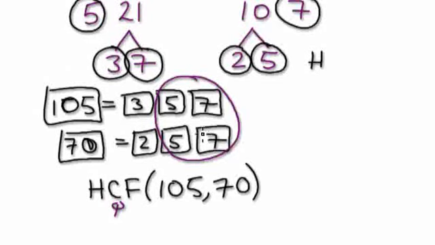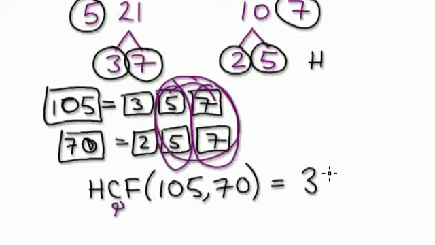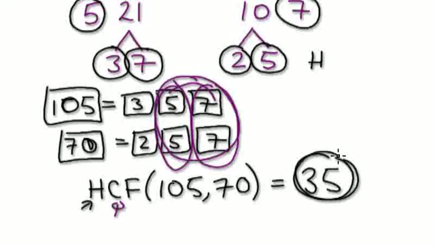These two are in common here, and you could say 5 is a factor of both 105 and 70. You could say 7 is also a factor of these two numbers, but if you combine the two, it will give you 35. So 35 is actually the highest factor that's in common with both of them. Okay, so the highest common factor of these two is 35.